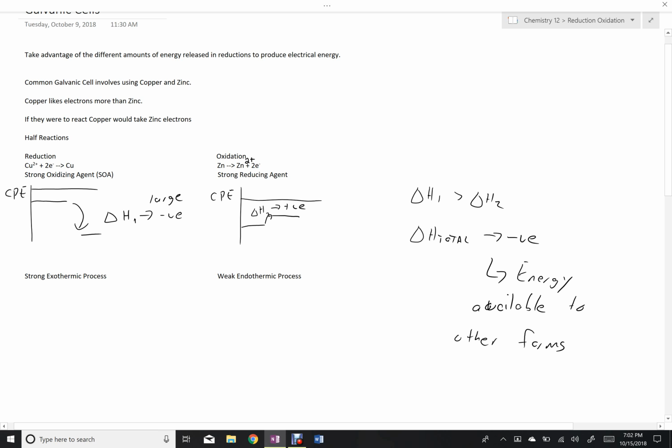So this exchange of electrons is favorable. This is a strong exothermic process. This is a weak endothermic process. So overall, energy exits, and as a result is available to other forms.